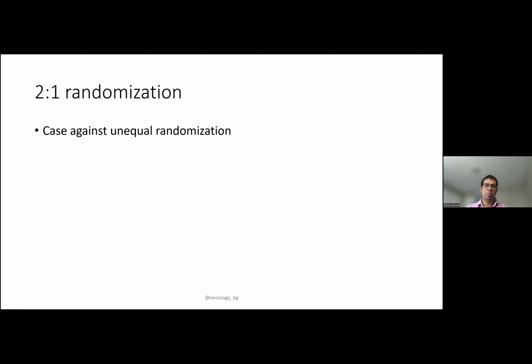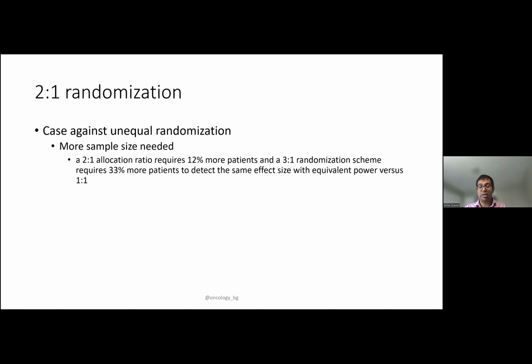But there is a case to be made against such unequal randomization, because we know that for unequal randomization, you actually need more sample size than what you would need for equal randomization. So your trial gets longer, your results take a longer time to be completed, and it requires substantially more resources, because a 2:1 requires 12% more patients than 1:1.